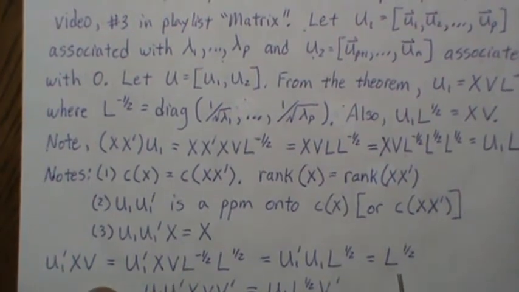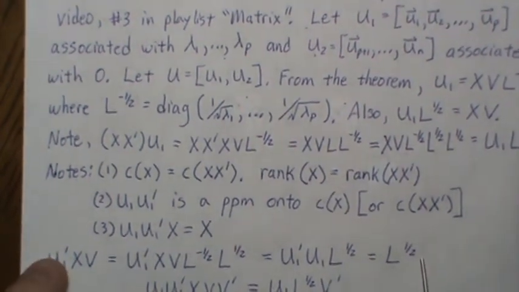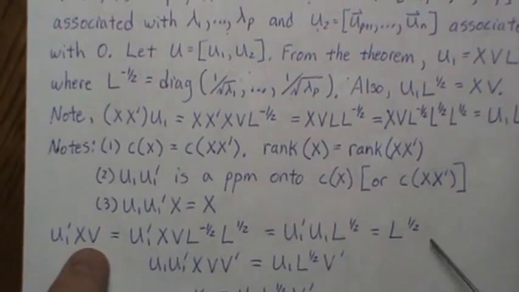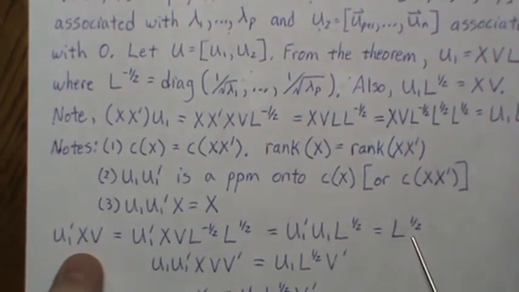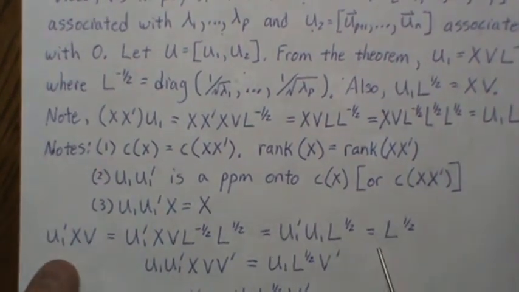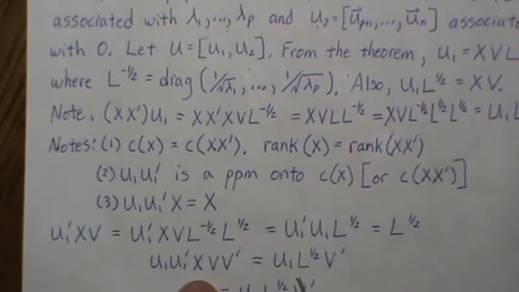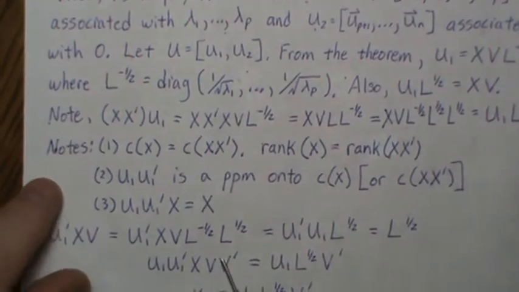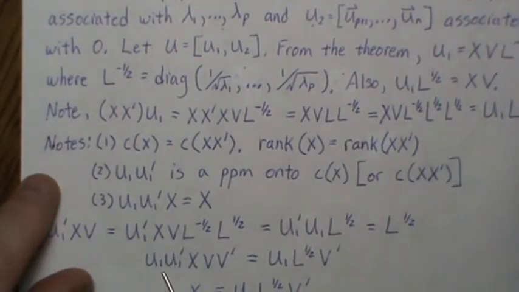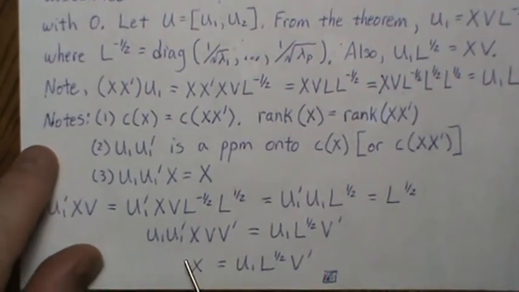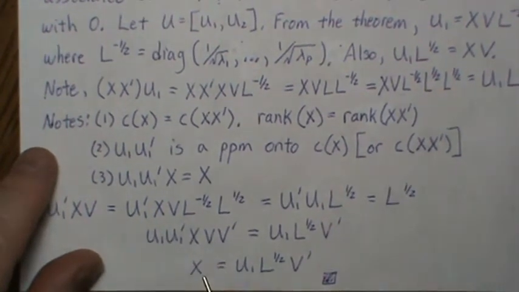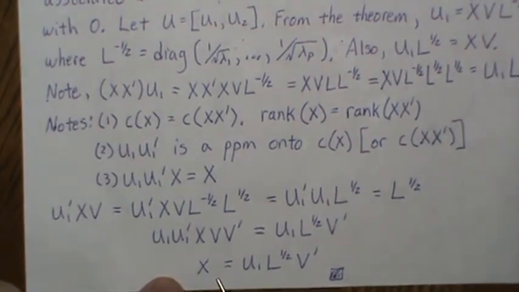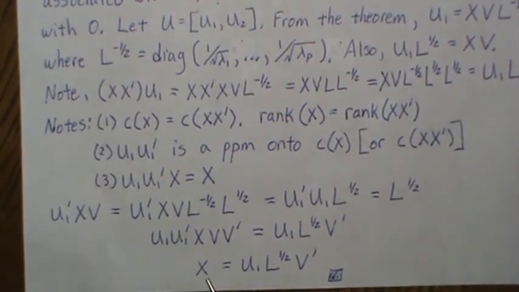So we're just left with L to the 1/2. So now if we right multiply by V prime to this, and then left multiply by U1, we get this, right? But this is the identity matrix, and this is a perpendicular projection matrix onto the column space of X. So this is X, that's the identity, and we get this. And this is actually the singular value decomposition of any matrix X.